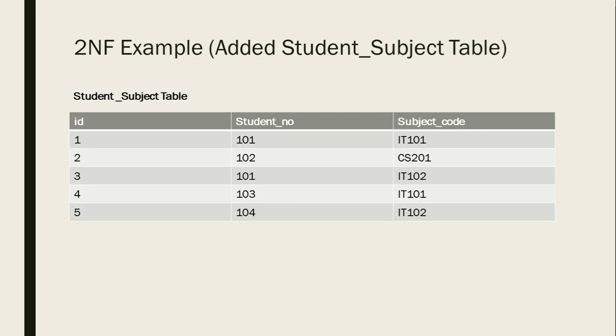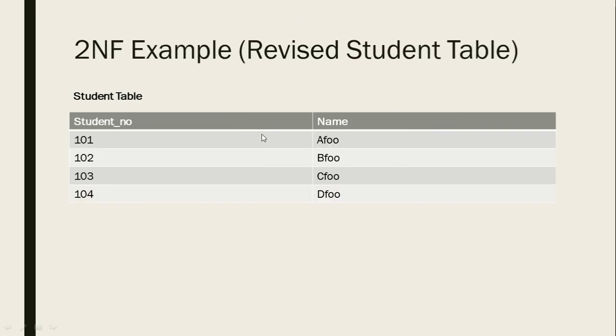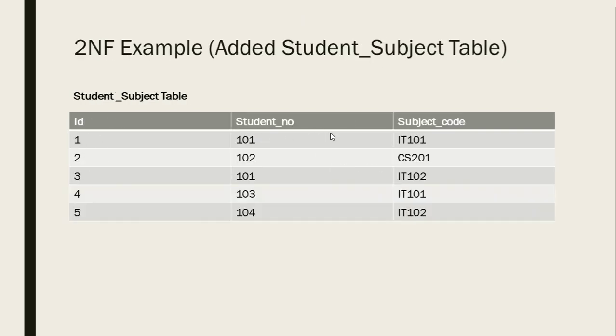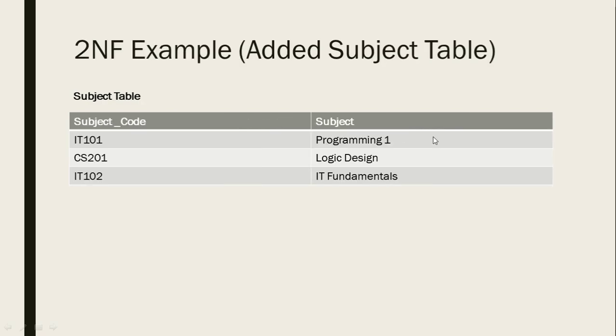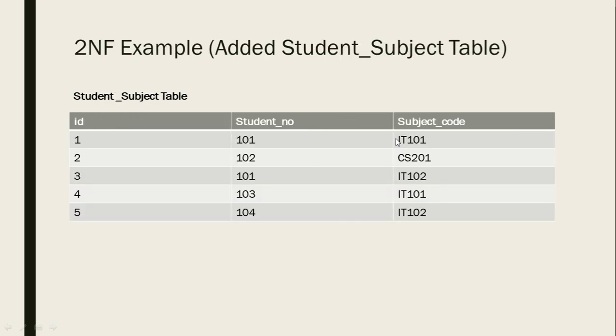Again, student number 101, which is Afu, is enrolled in the subject IT 101, which is programming 1. Using these three tables, we can now identify whether a particular student is enrolled in a particular subject.